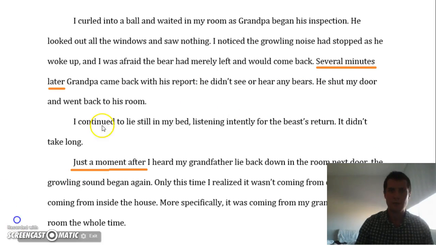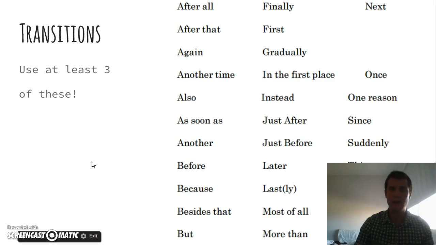So here I use the word several minutes later, or just after, just a moment after. And if you look at the list, look, there's some of those things here: just after, or later here. So I was more specific, a few minutes later. Okay, so those are just ways that you can include those transitions. I'm going to look for, when I grade your essay, that you choose at least 3 from this list.